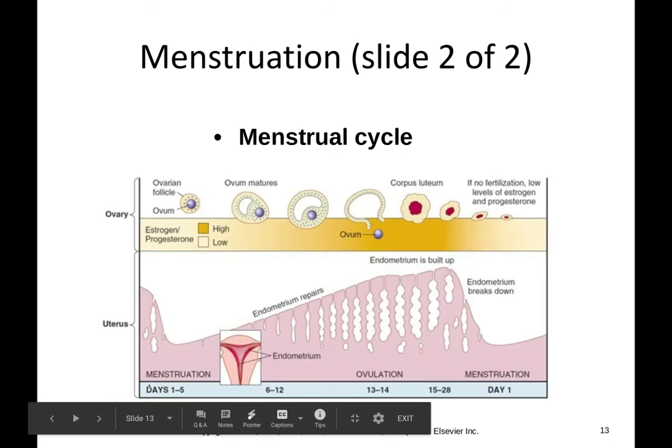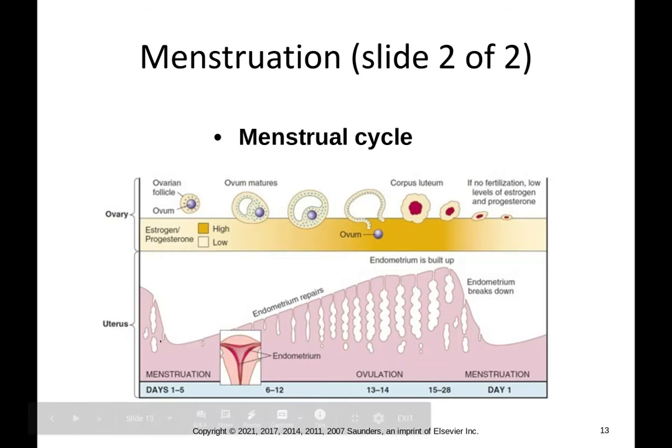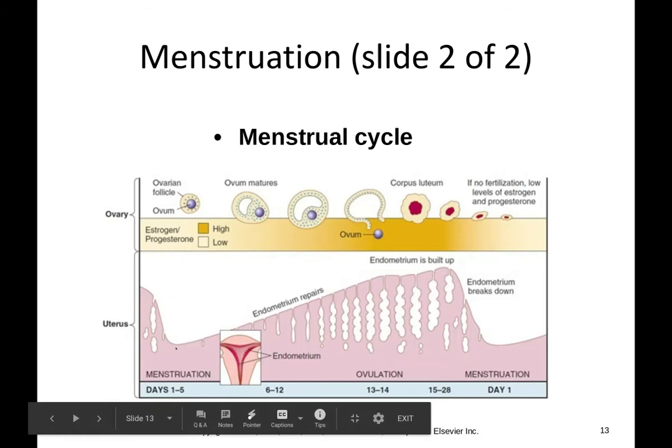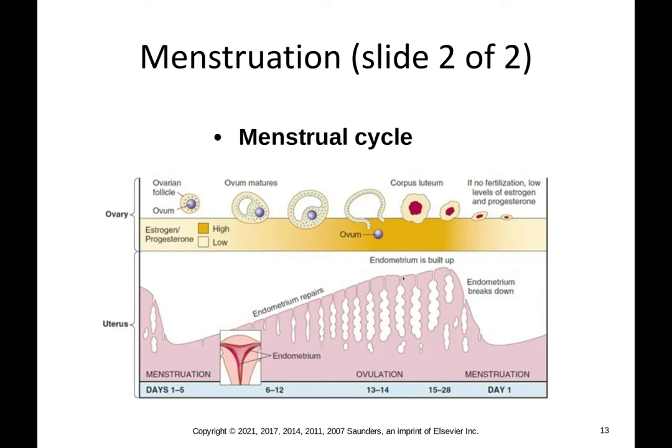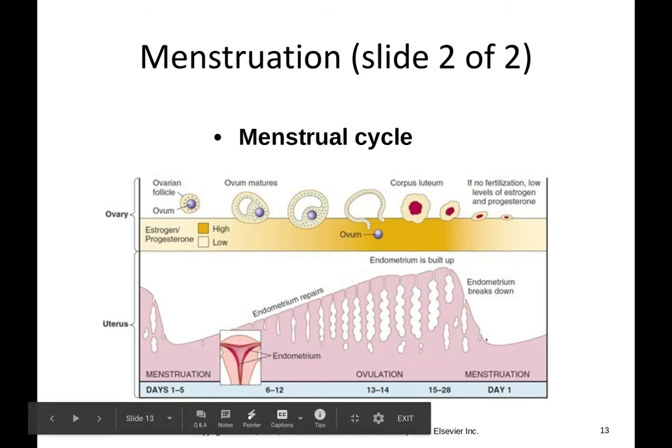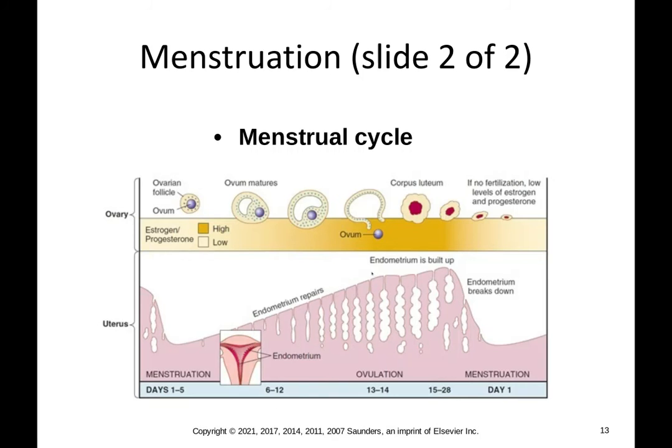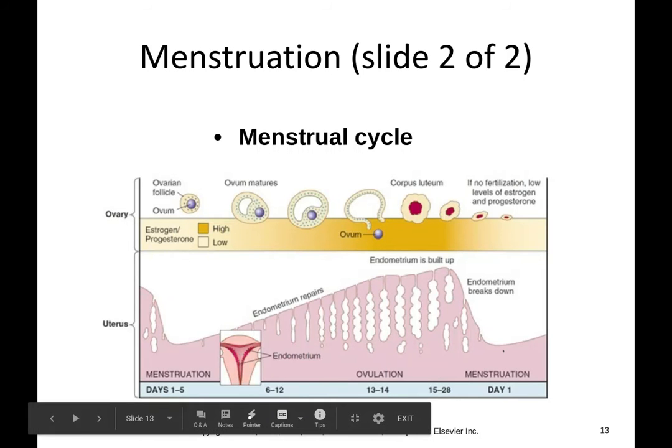So here we have the days down here, starting at day 1 and then back to day 1. You can see what's happening in the uterus here with the uterine lining. It gets emptied, and then as it repairs, it builds up and then breaks down again. It's peaking at ovulation and then troughing during menstruation.